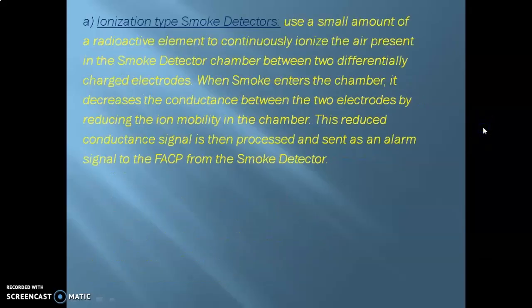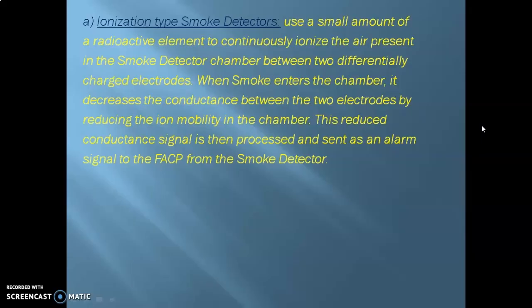First of all, we will be talking about the ionization type of smoke detectors. As the definition here states, this type of smoke detector, with the help of a little bit of a radioactive element, continuously keeps ionizing the air that it samples in its sampling chamber, between two electrodes.